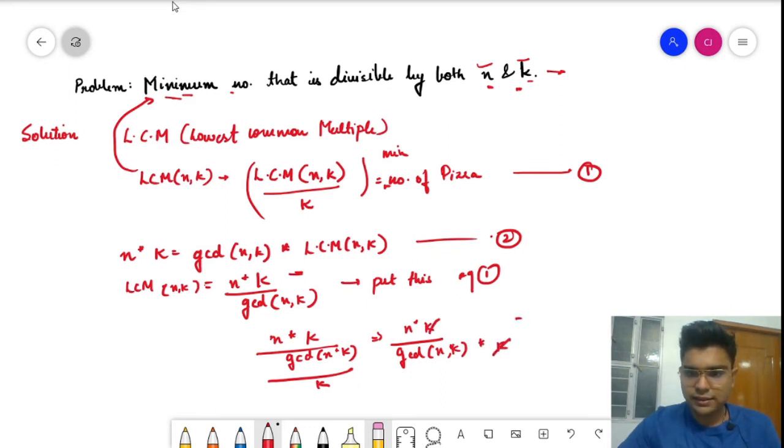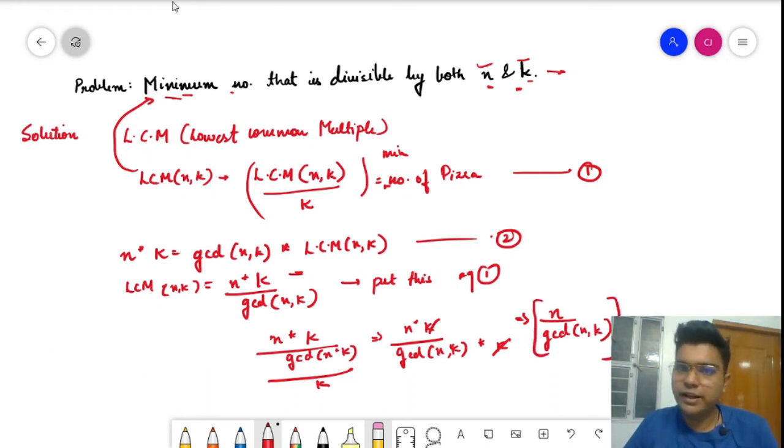This gets cancelled, and the final solution that is left is n divided by GCD of n comma k. So if we compute this value, we get our answer, right? This is how we make a problem that seems to be very confusing into a very simple solution, that is, we'll divide the total number of friends by the GCD of n comma k.